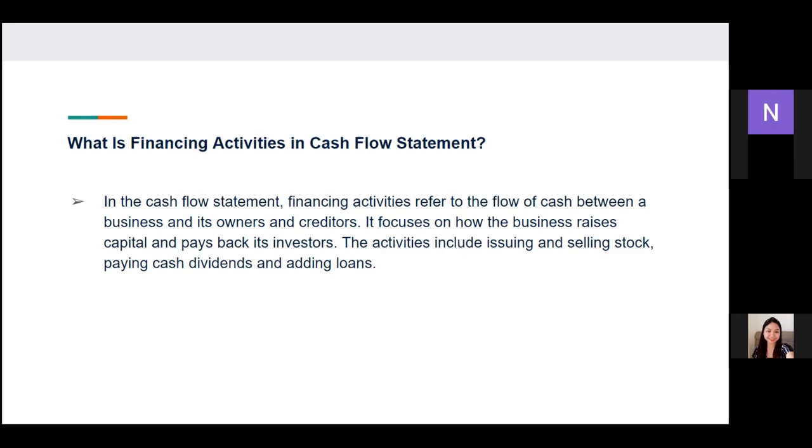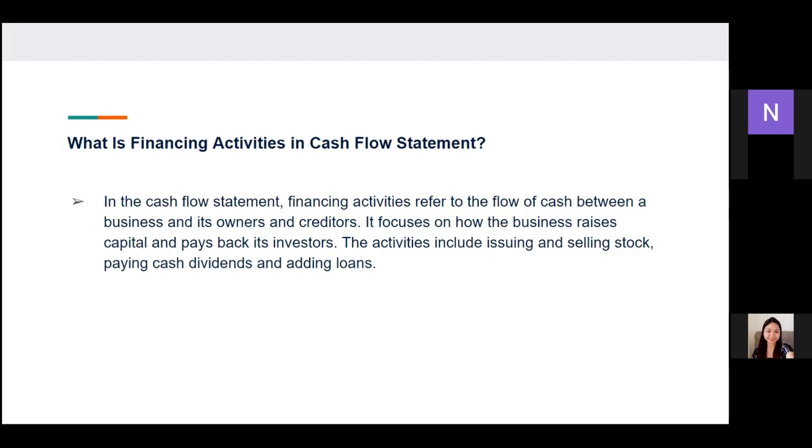This boosts its asset level. So kapag nagkakaroon tayo ng positive number or cash inflow, meaning yung asset natin ay nag-i-increase. On the other hand, a negative figure indicates the business has paid out capital, such as making a dividend payment to shareholders or paying off long-term debt.